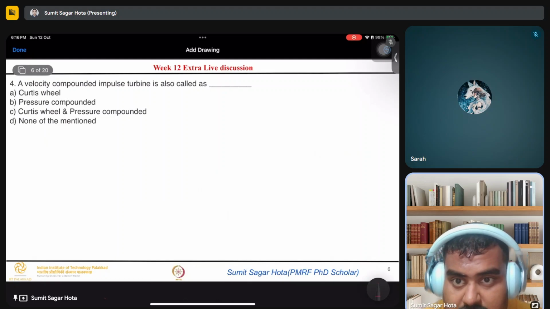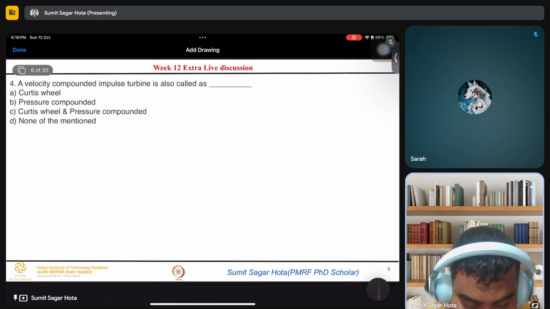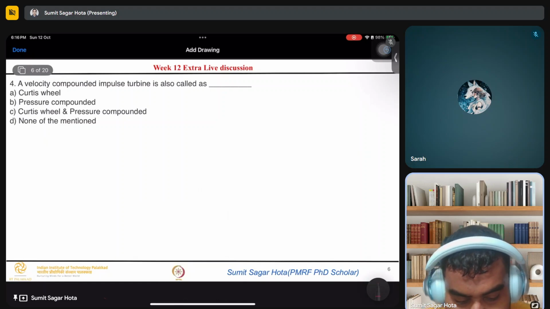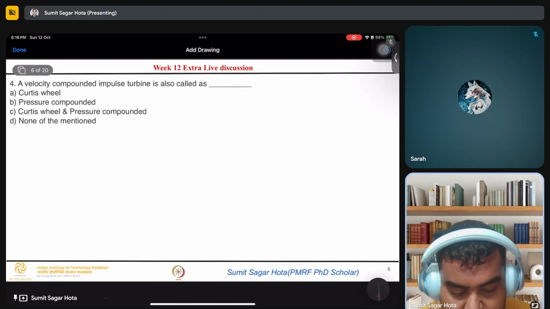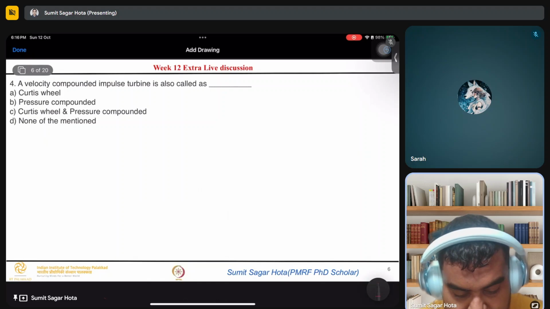A velocity compounded impulse turbine is also called as dash. This velocity compounded turbine was invented by Curtis and named as the Curtis wheel.